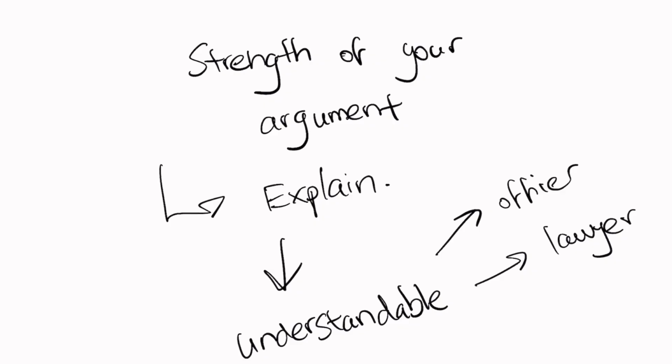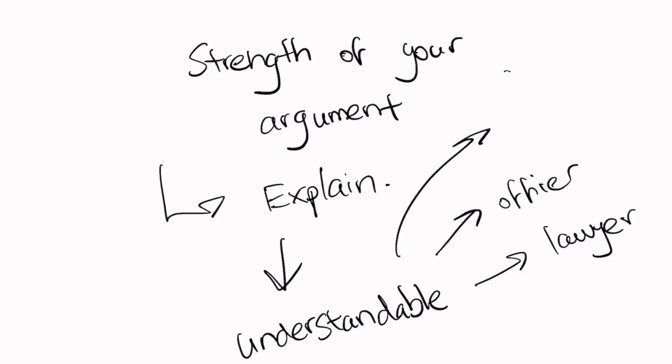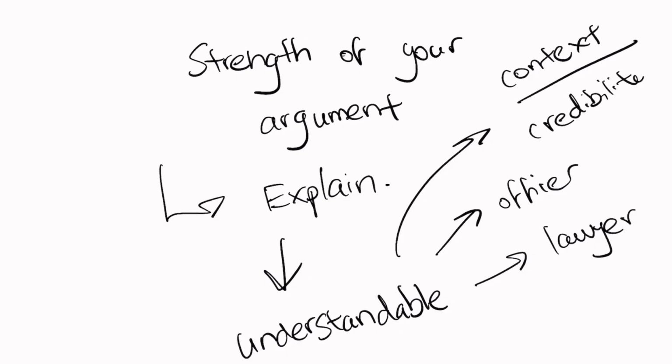So you're going to have to explain things to not just your lawyer, but also to an officer as well. And of course, it comes down to how well you explain things to a lawyer, and then also seeing how your lawyer then explains things in your petition to an officer. And how you make sure your argument is understandable is context backed up by credibility.